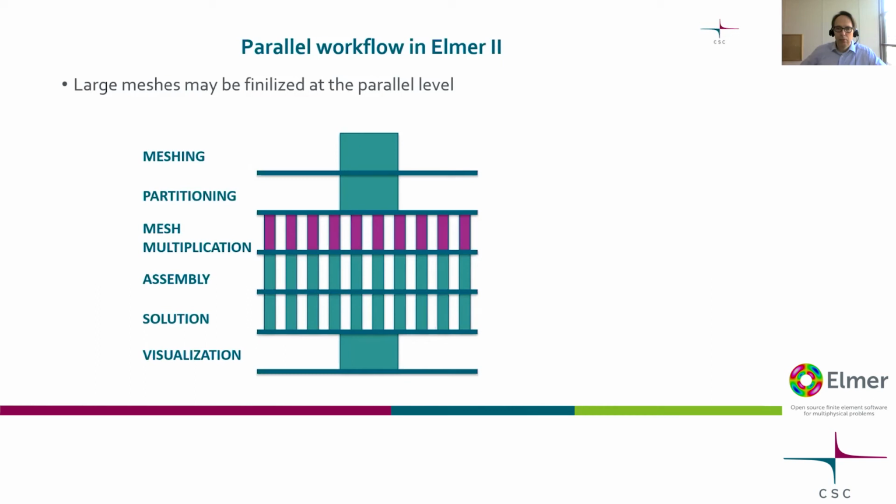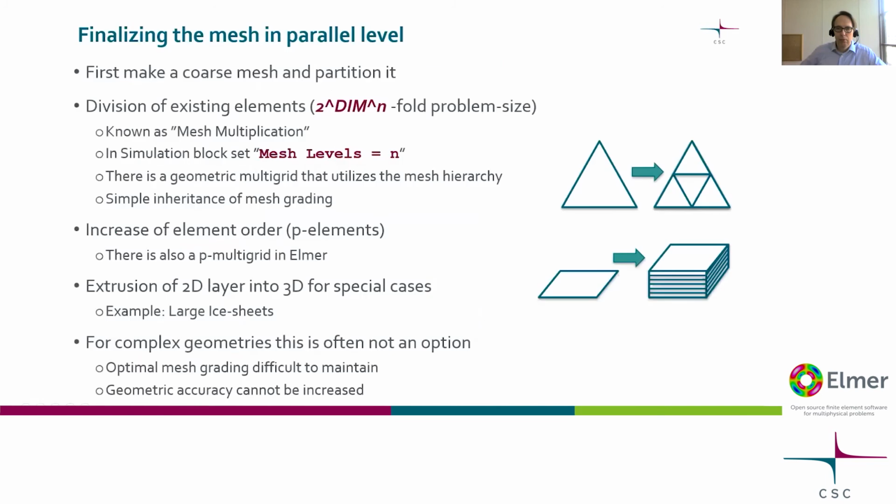So what we often do is we add a parallel process, mesh multiplication or mesh extrusion. So we finalize the mesh on a parallel level. We have some ways to do that. You can basically partition the mesh and then do the tricks on a parallel level.